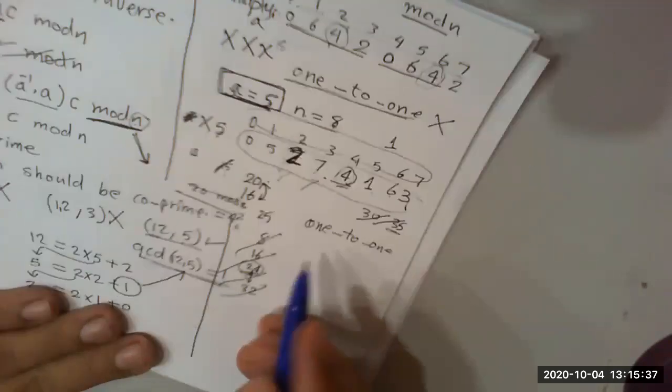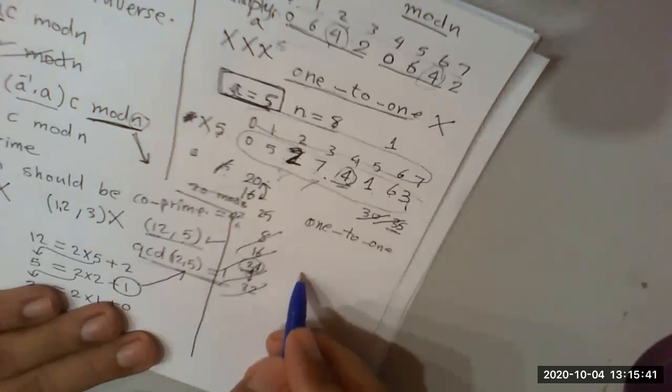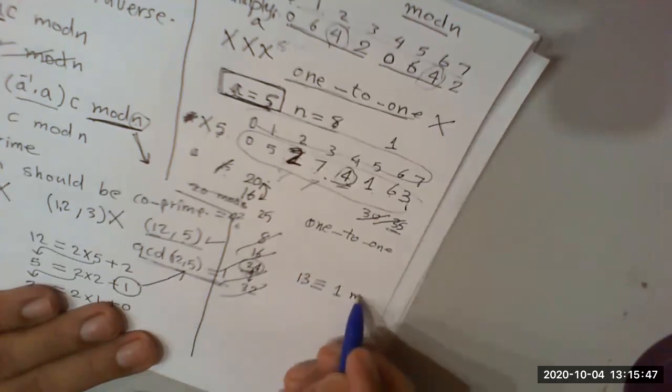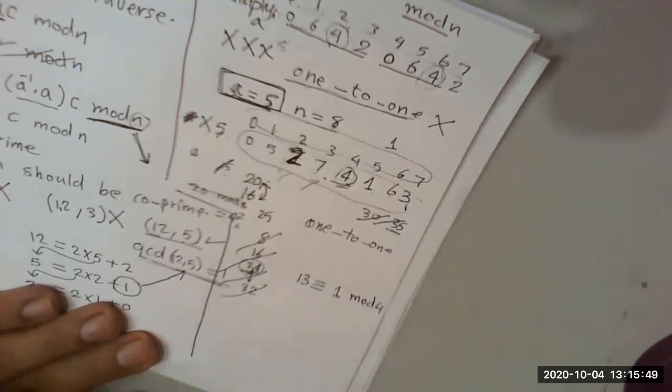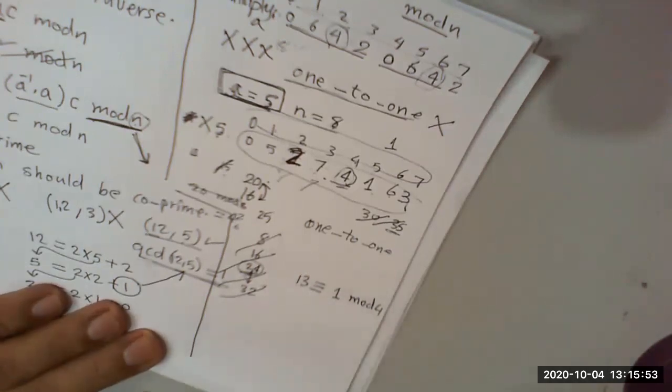For example, 13 equals 1 mod 4. Let's find the inverse of 5.